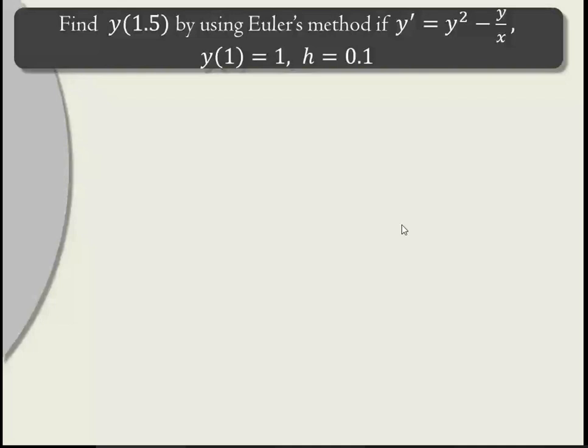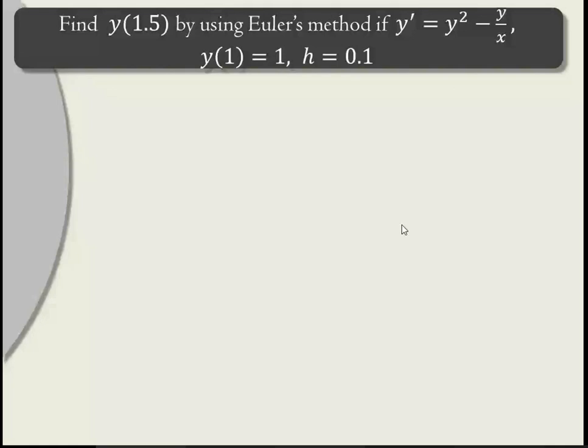Find y at 1.5 by using Euler's method if y dash is equal to y square minus y by x, where y of 1 is equal to 1 and h is 0.1.